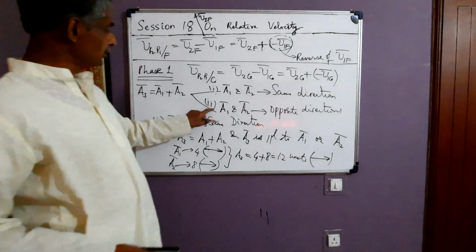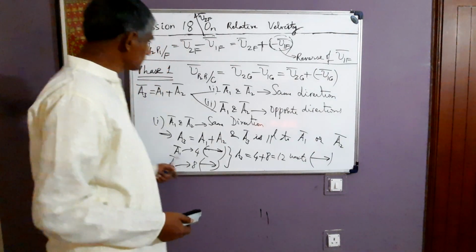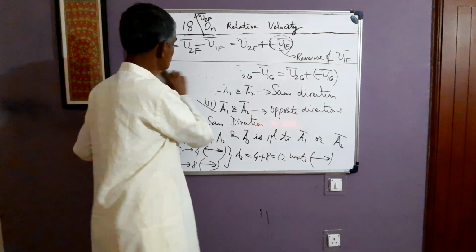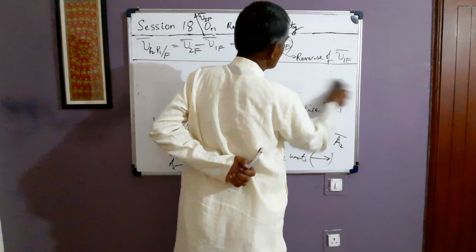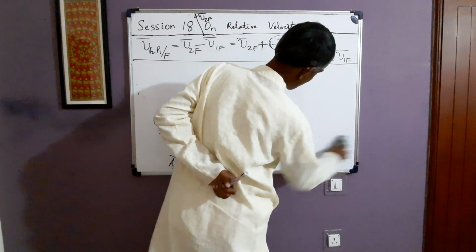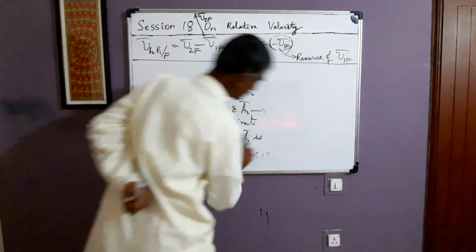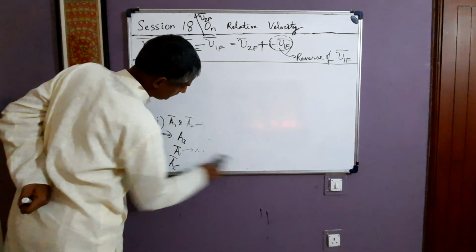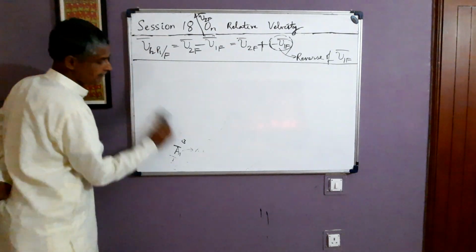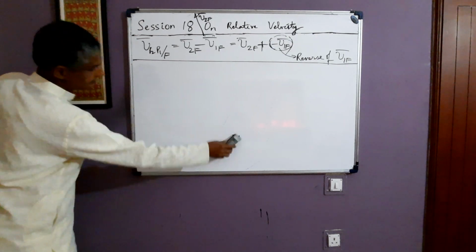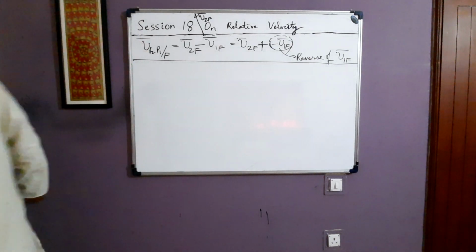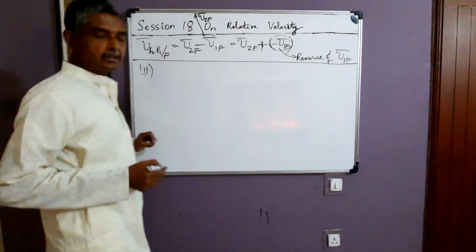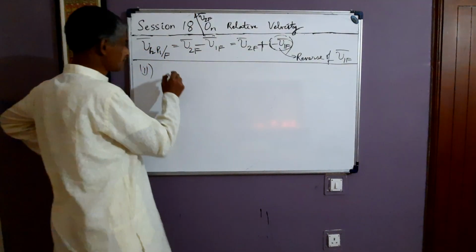Then in phase 1, the second case: A1 and A2 have opposite directions. Now I'll rub it, okay? Now, phase 1, case 2 we take: A1 and A2 have opposite directions.